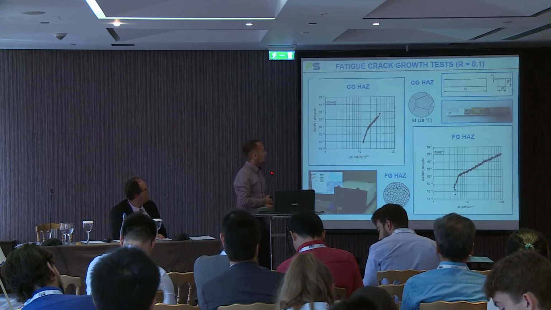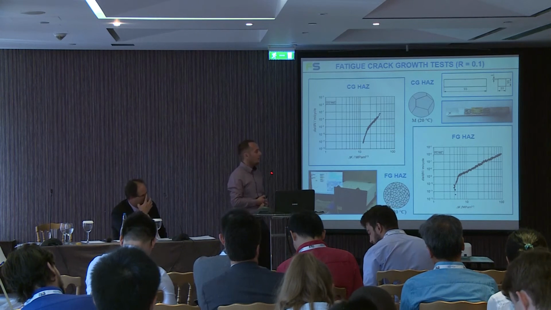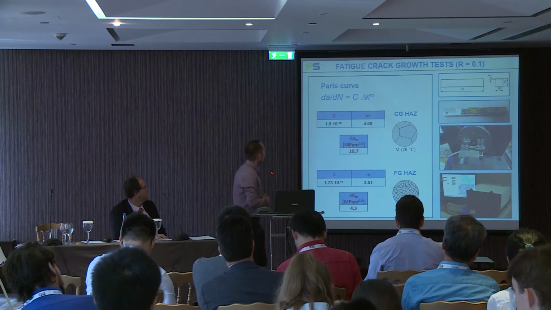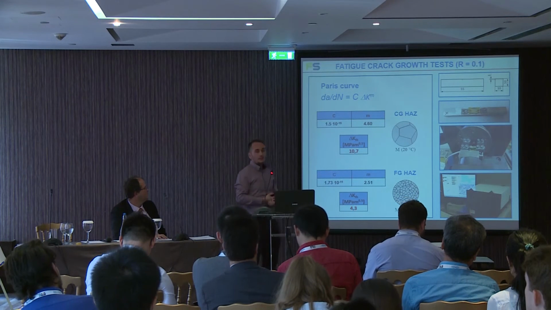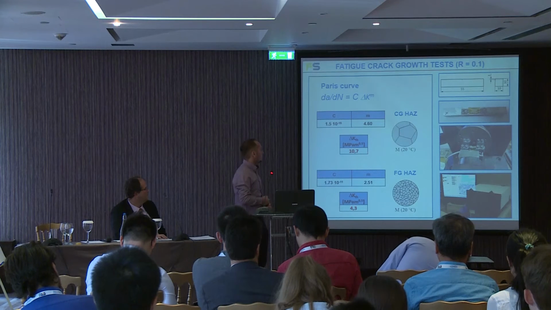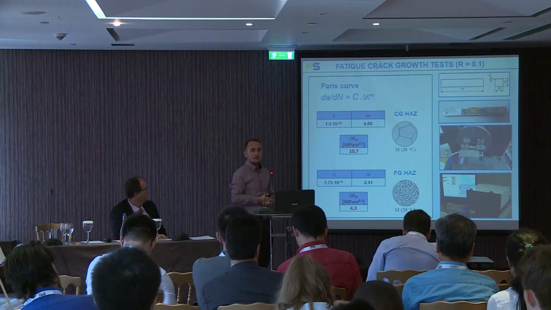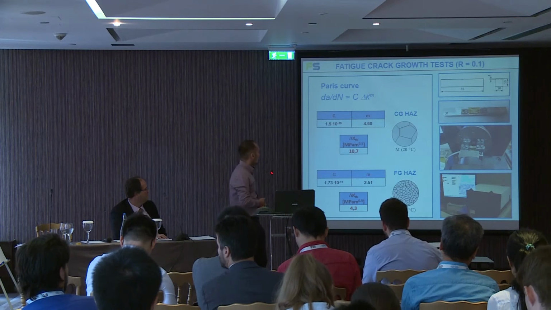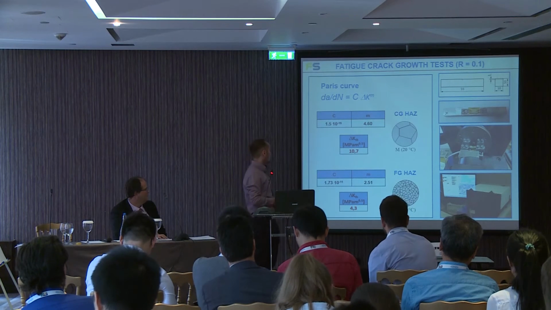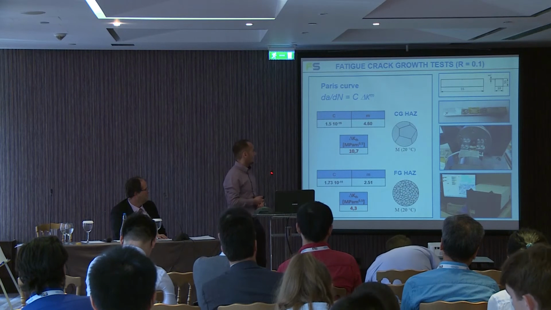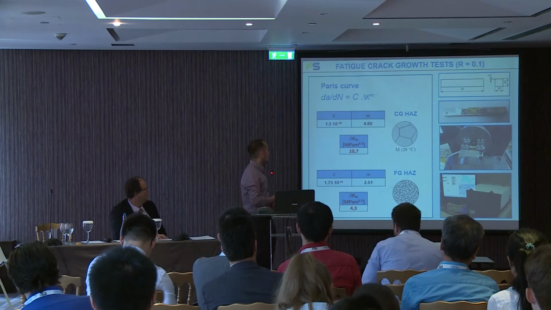The load ratio was 0.1, and according to the Paris curve and after evaluation of the results, we got that the threshold for the coarse grain heat affected zone is 10.7, and for fine grain is 4.3, which is also quite a big difference.